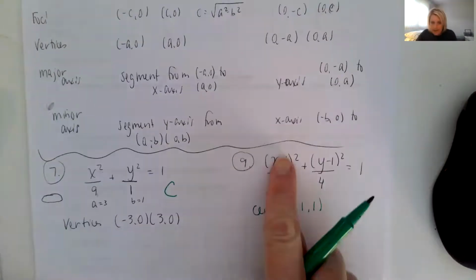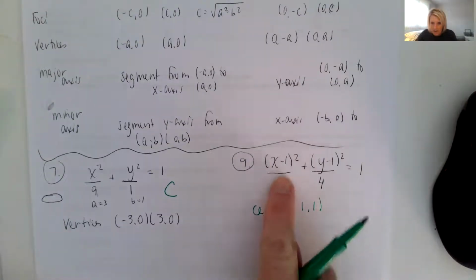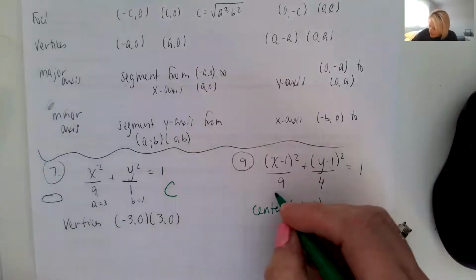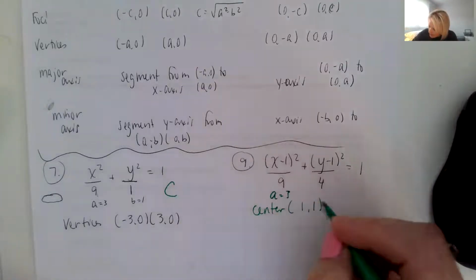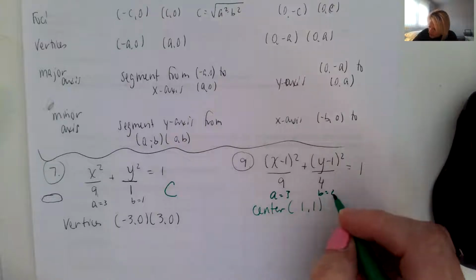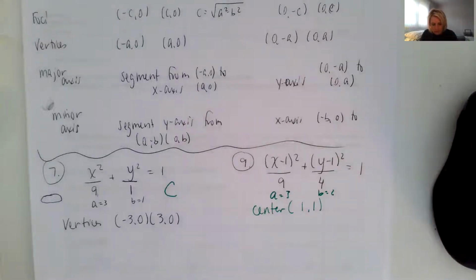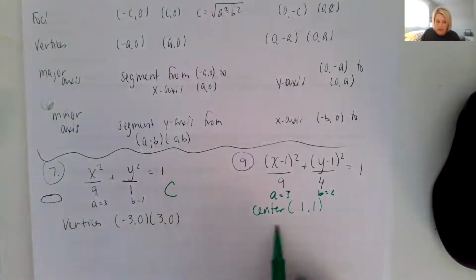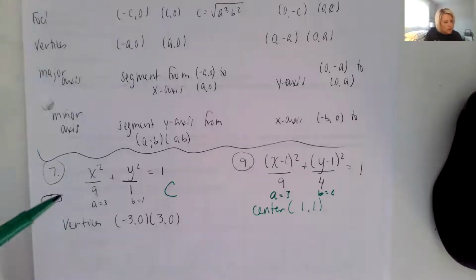And again, the x-axis is elongated because A is under the X. So A is equal to 3 again, and B is equal to 2. But it shifted because of the center being shifted. Okay, and you'll see that on page 756 where it shifted.